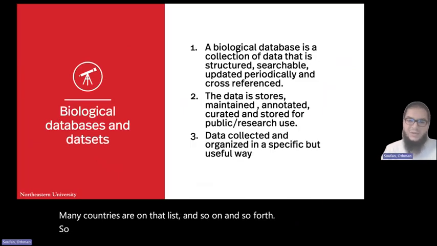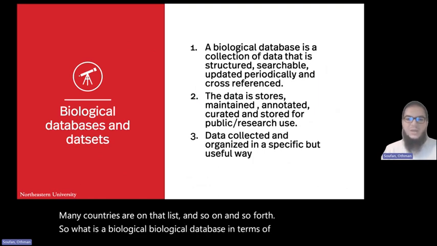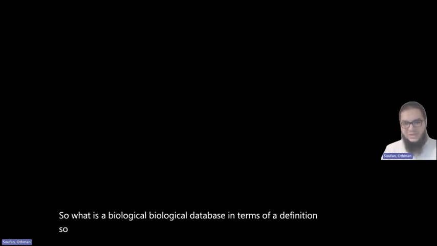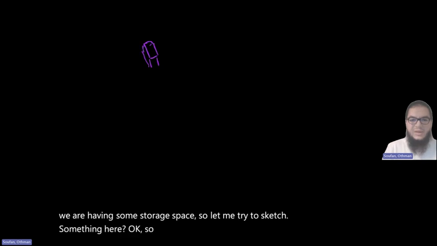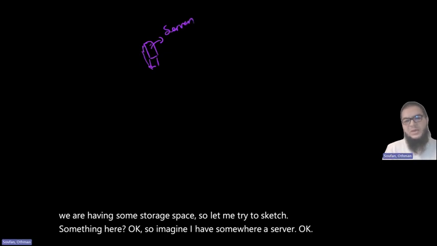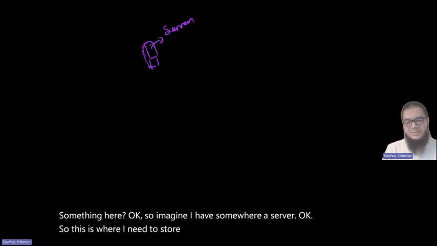So what is a biological database in terms of a definition? I want to share some insights with you. By the end of the day, we have some storage space. So let me try to sketch something here. Imagine that I have a server somewhere. This is where I need to store my data.